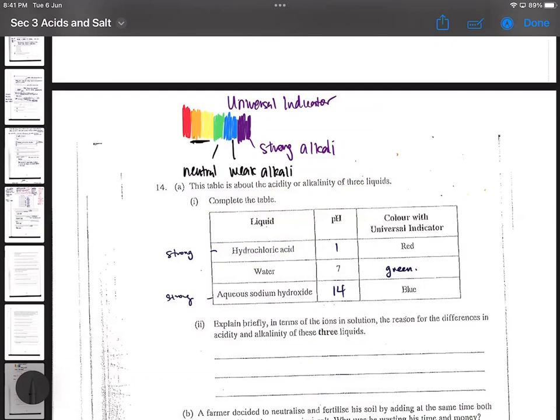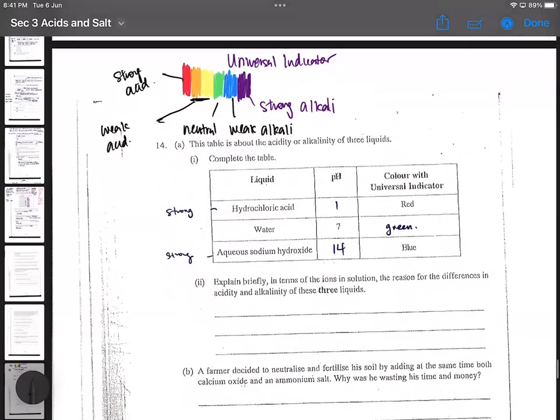For both of these, it is weak acid. For the red, it is strong acid. Okay, so that's our options here.